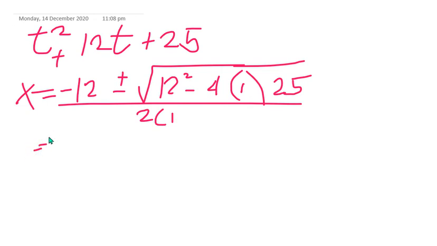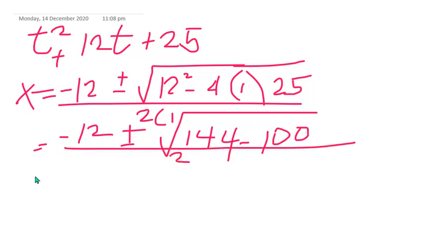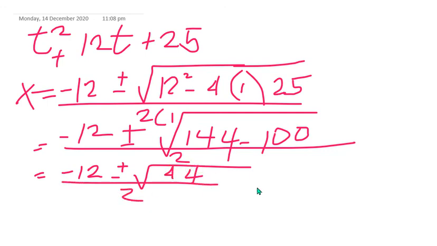So we have negative 12 plus or minus, we have 12 times 12 is 144 minus 100, over 2. Then we have negative 12 plus or minus the square root of 44 over 2.